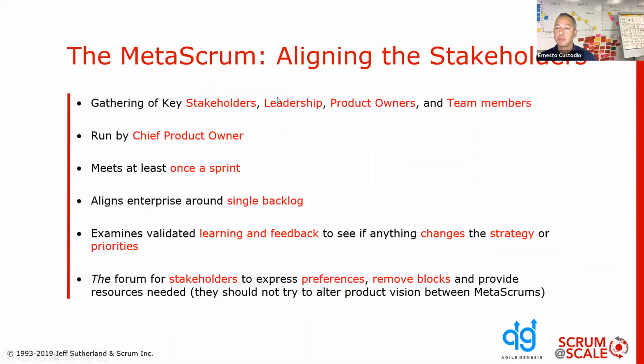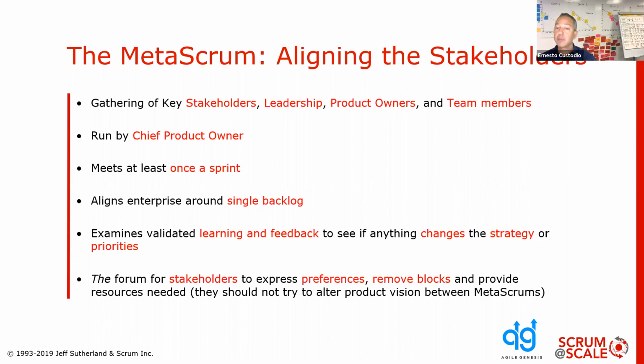So we're going to talk about the Meta Scrum, as I mentioned. That is the what portion of the framework. The Meta Scrum is the product owner circle. It is a gathering of the key stakeholders, the leadership, the product owners, and team members as well, where the discussions are centered around those requirements and their level of prioritization and refinement and planning for deploying.